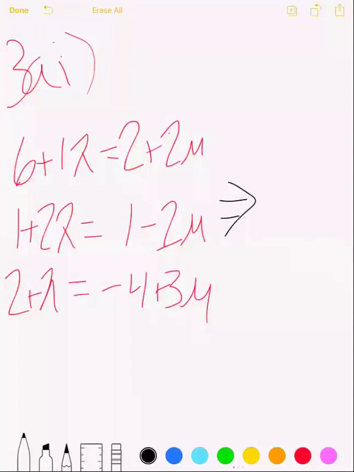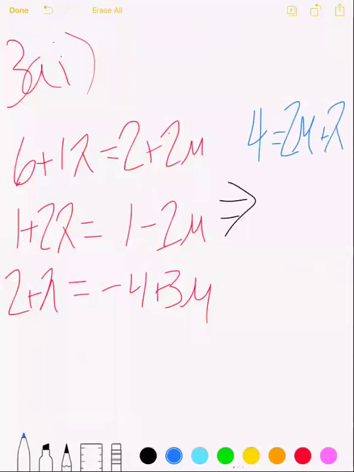if we were to continue to solve the equation, would be 4 plus 2, sorry, I lied. 4 is equal to 2 mu plus lambda.